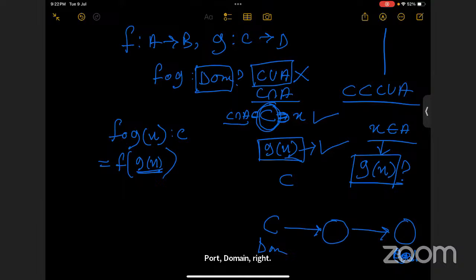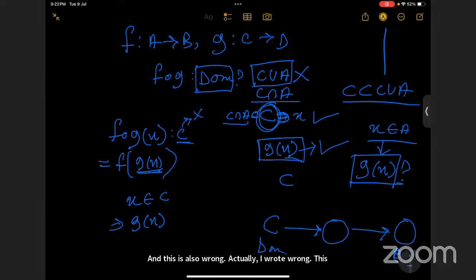So, okay. Suppose we took C as a domain, and there is some x in C, then such that this is also wrong actually. I wrote wrong. This is also wrong. So there is some reason behind it.